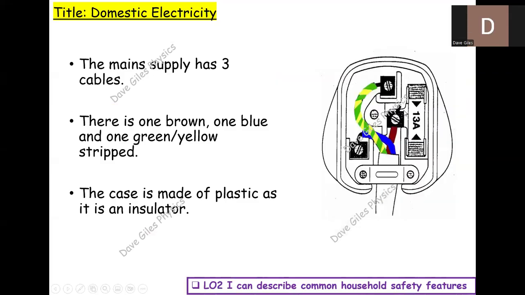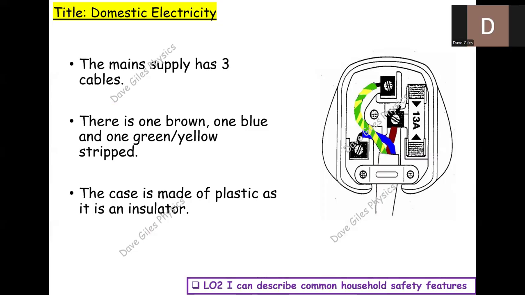And this here is a picture of inside the plug. And you can see that one of the wires is connected to this device here, which is called a fuse. And the fuse is designed so that if the current gets too high, if there's some sort of problem, then the fuse will, to use the term, blow, which basically just means the fuse melts and the circuit is broken.